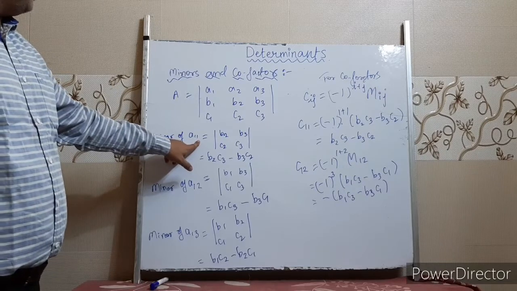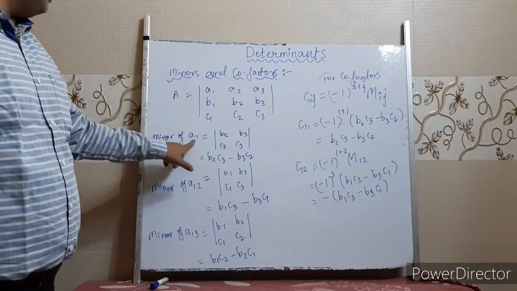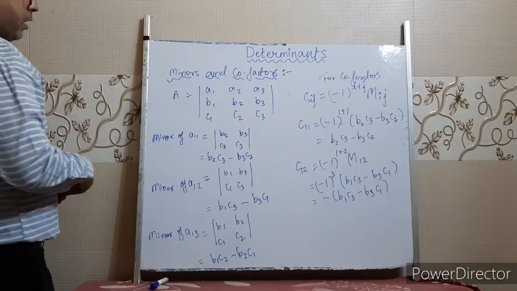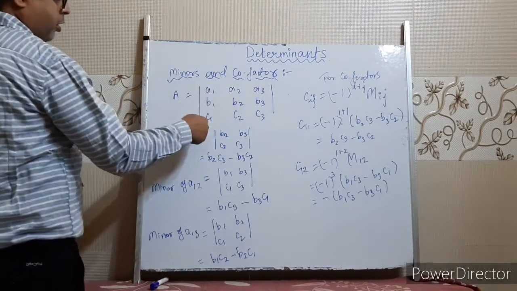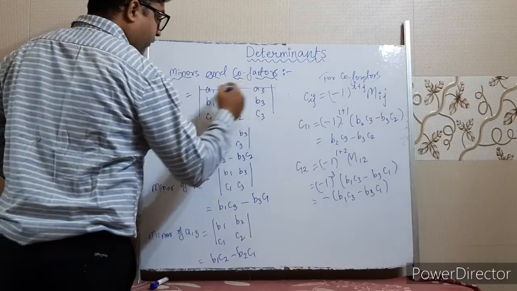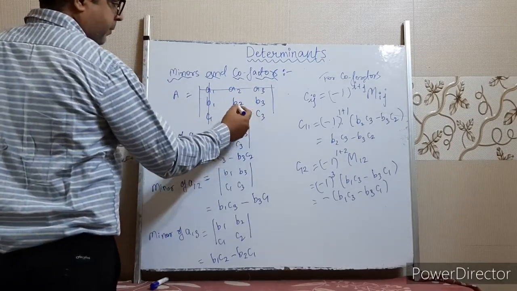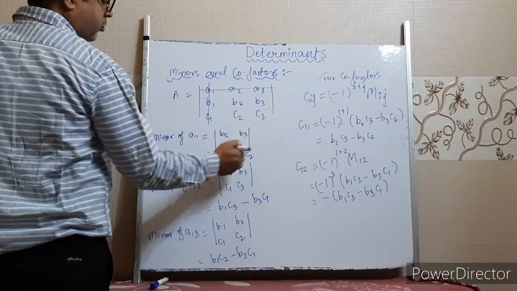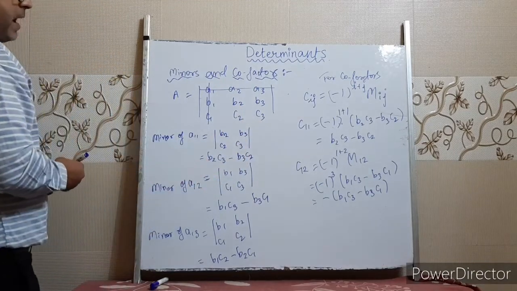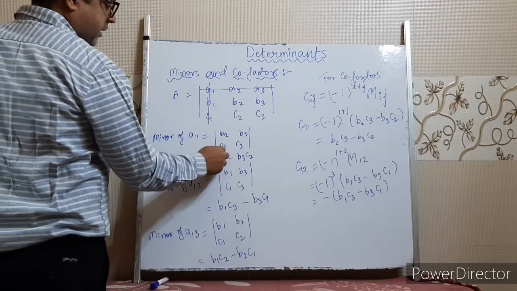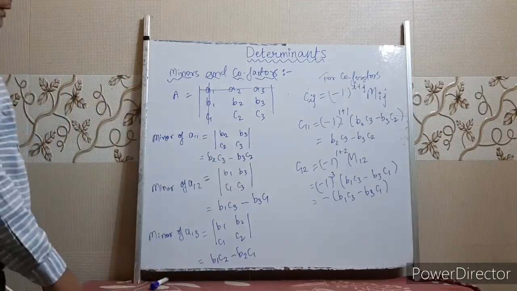This A11 represents the minor of the element in first row and first column. So we are going to leave this first row and first column. When we remove them, we get the determinant B2, B3, C2, C3. When we expand this determinant, we get B2 C3 minus C2 B3, right?